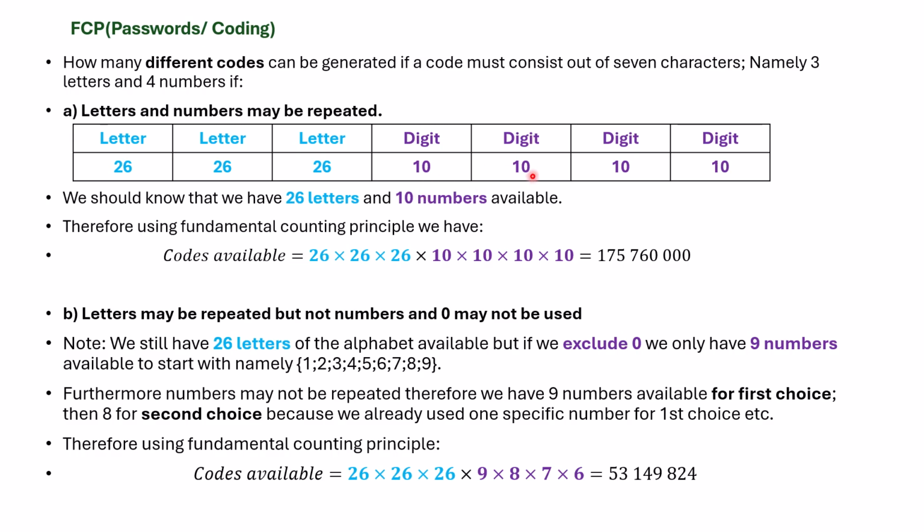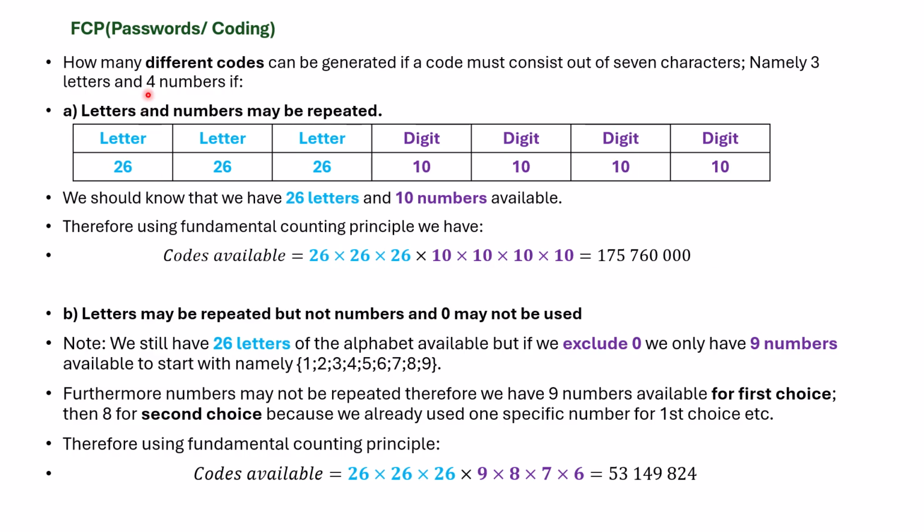Second selection, I may repeat it, so again I have 10 selections available, then 10, then 10. Therefore, using the fundamental counting principle, codes available: 26 times 26 times 26 times 10 times 10 times 10 times 10 gives me 175,760,000 different codes available to me, combinations.